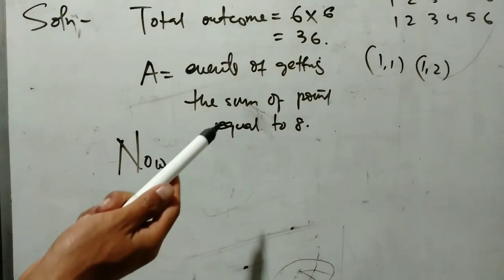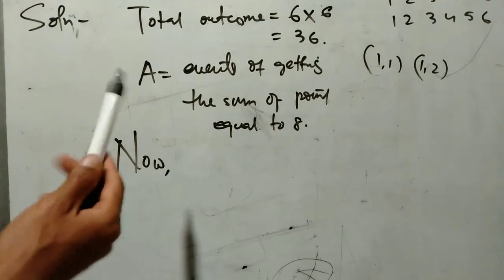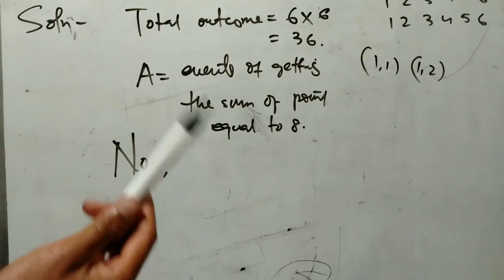Okay. Now let us find out A, that is, the event of getting the sum of the points equal to 8.